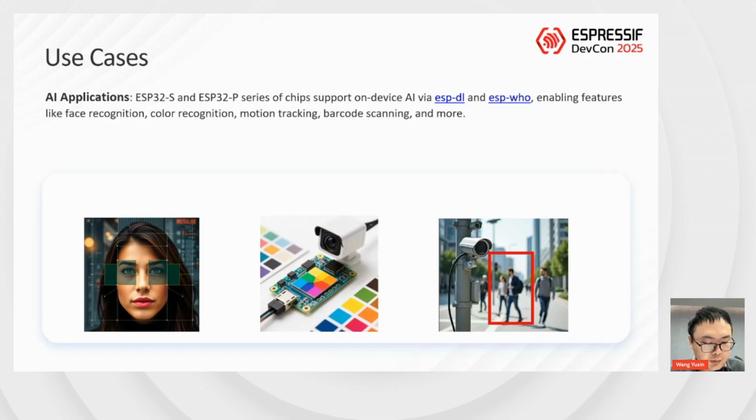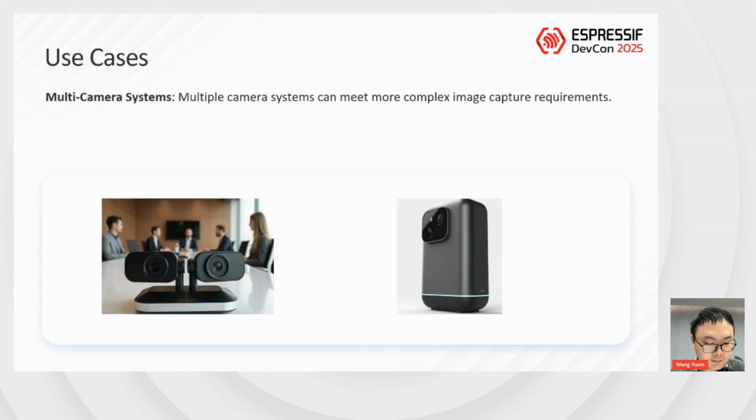Imagine smarter retail systems that identify products automatically, or security cameras that detect movement. In all those cases, esp-video provides the stable camera foundation that those smart features rely on.